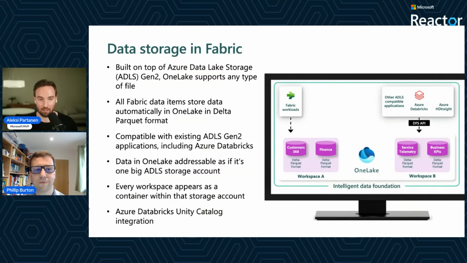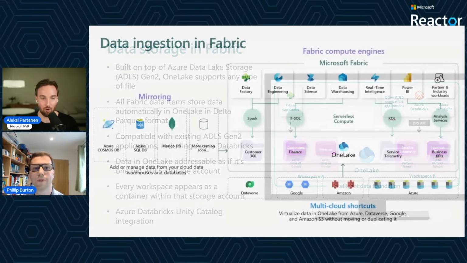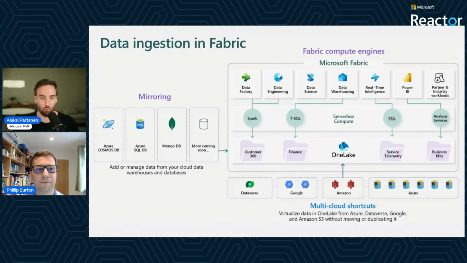But maybe let's go back, Philip, to the previous slide for a moment, because we also have mirroring here. And mirroring is also another cool way to ingest data into Fabric. And what mirroring basically means, like the name already implies, is mirroring your data, meaning basically creating a copy of your database to Fabric OneLake.